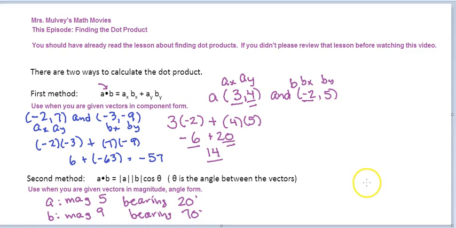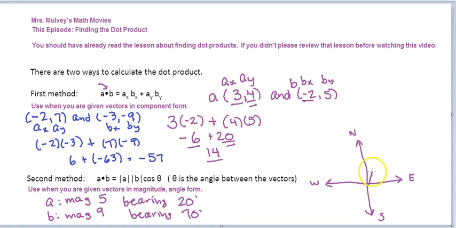And so I'm going to draw vector A first. I'm just going to give myself a quick east-west line and then a north-south line. So vector A has a magnitude of 5 and its bearing is 20 degrees. Remember, bearing is measured from due north in a clockwise direction.